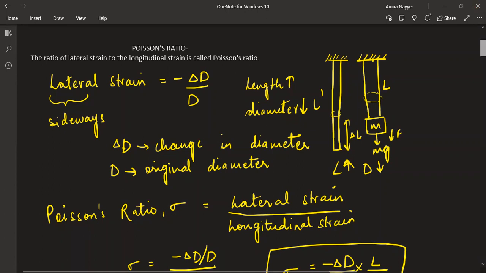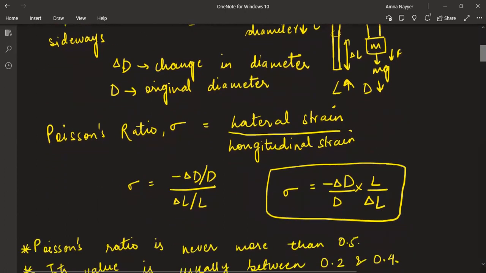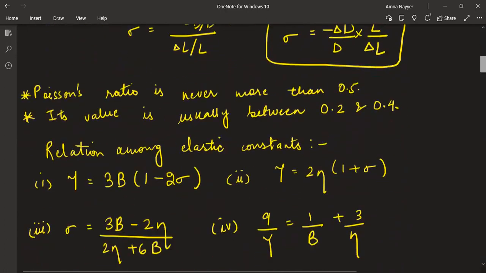Longitudinal strain we have discussed, the ratio of change in length to the original length. Lateral strain is something new. So the complete Poisson's ratio will be minus delta D into L by D into delta L. Same formula, same thing, just that you have a new strain, that is lateral strain.